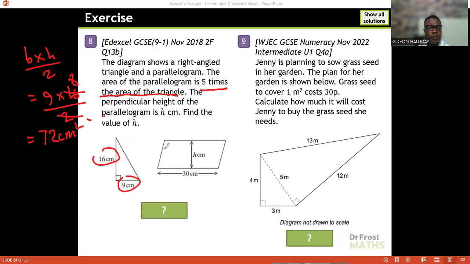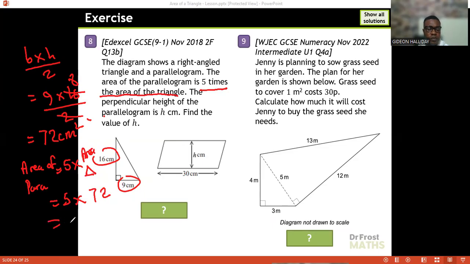But the area of the parallelogram is 5 times the area of the triangle. So that gives you 5 times 72.